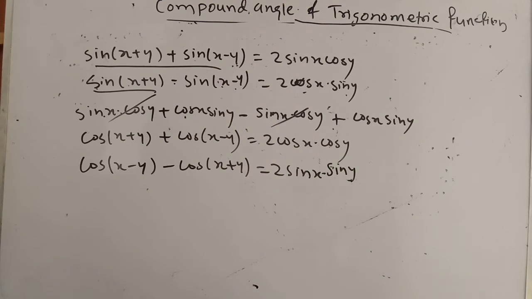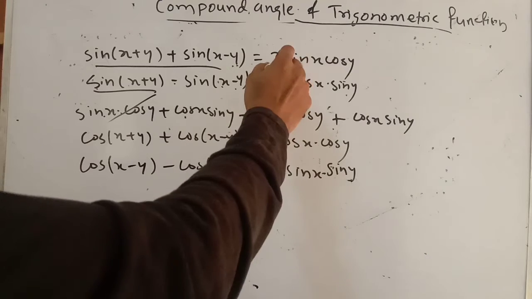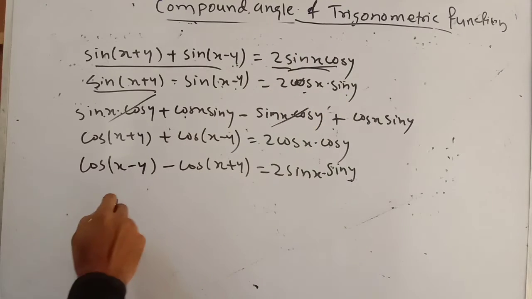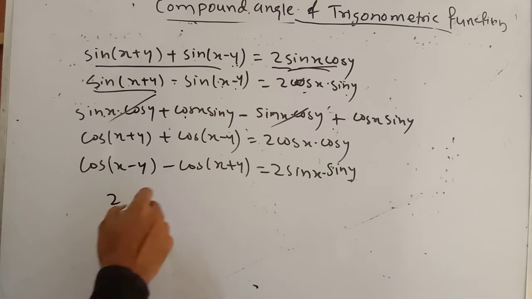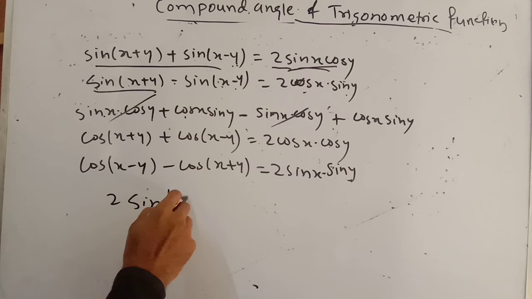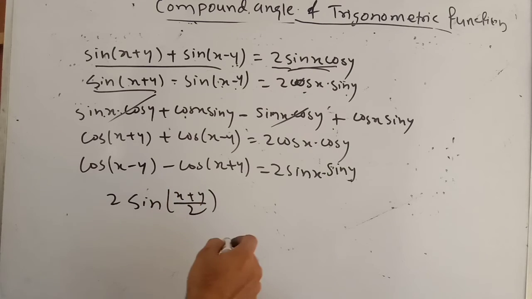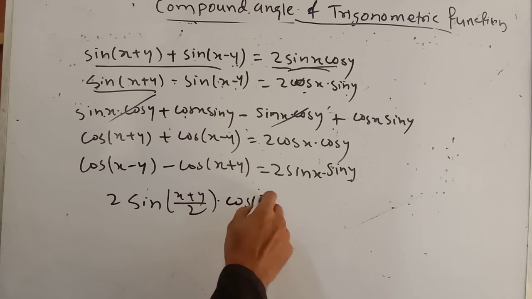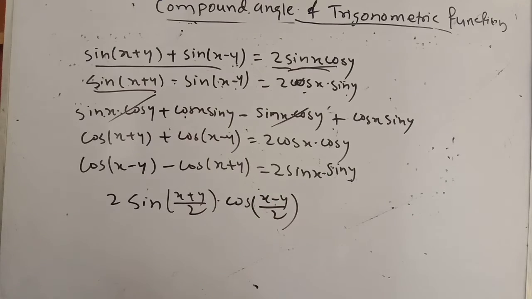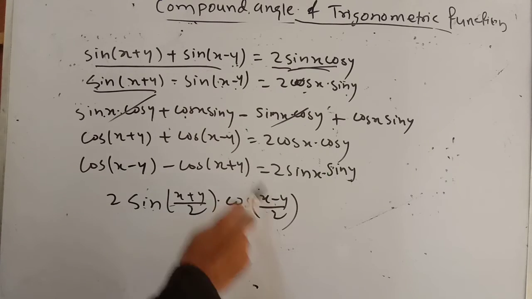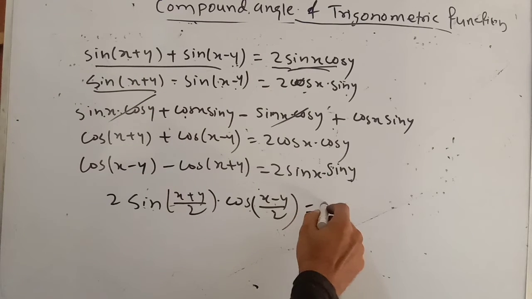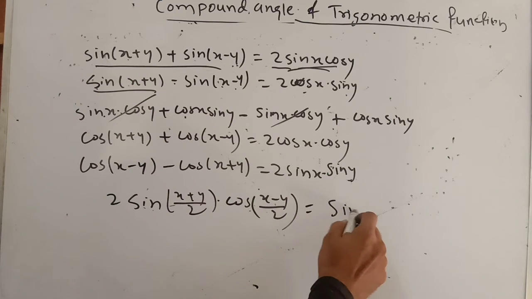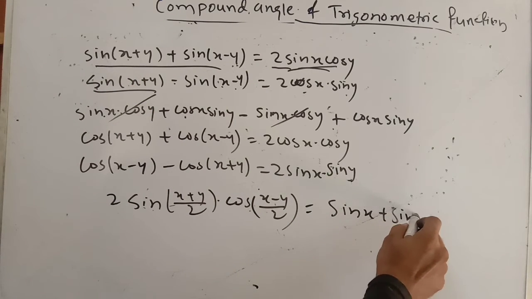Similarly, take this formula, 2 sin x cos y, and let x be (x+y)/2 and y be (x-y)/2. I am going to convert the product form into summation form. Obviously you will use 2 sin x cos y. So what will it become? It will become sin x plus sin y.